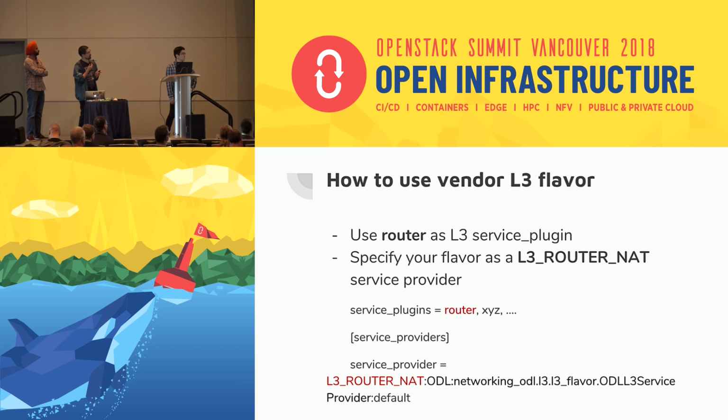You should specify router, that is the reference L3 plugin, as your L3 service plugin. Besides that, you should configure your L3 flavor driver. It's specific to your backend, as a service provider of L3 router NAT type.